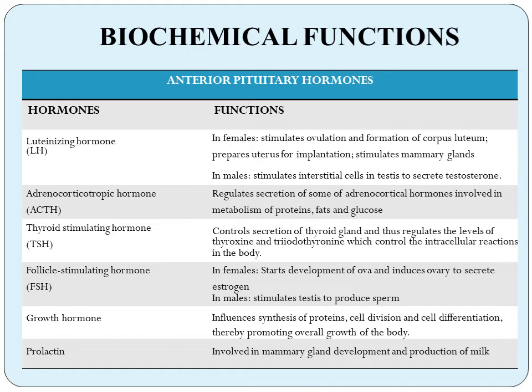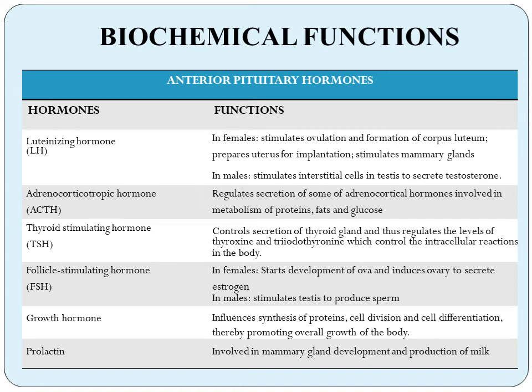The adrenocorticotropic hormone regulates the secretion of some of the adrenocortical hormones involved in the metabolism of proteins, fats, and glucose. The thyroid stimulating hormone controls the secretion of thyroid gland and thus regulates the levels of thyroxine and triiodothyronine, which control the intracellular reactions in the body.